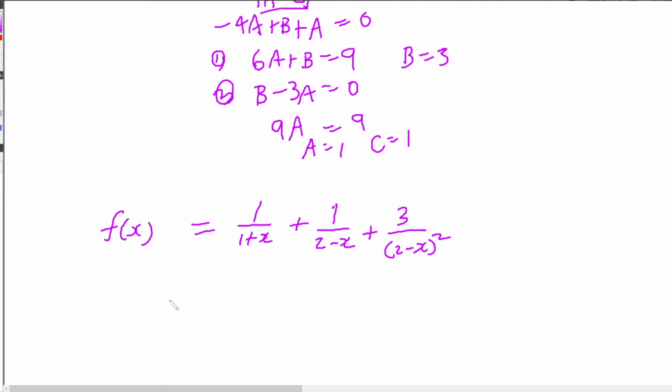So 1 over 1 plus x is something that can be easily expanded by using the normal binomial expansion that we are used to. So it would be the sum of... well, I want to write n factorial, but I know that's not right.